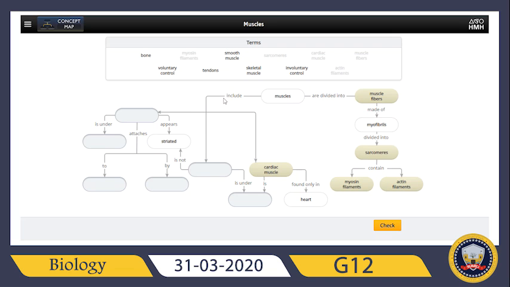So muscle includes here what? Tendons, voluntary control, or what? Include, let's try skeletal muscle. Is not striated. Is it correct?